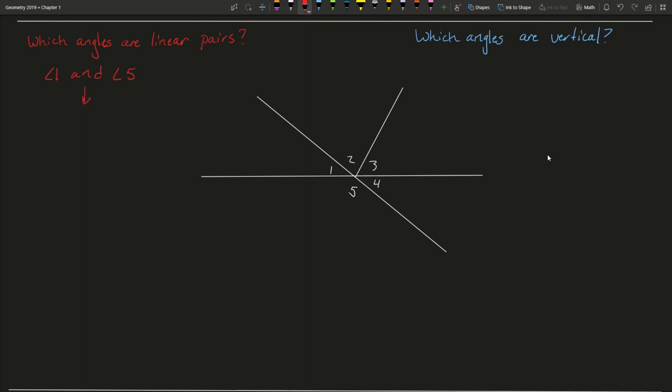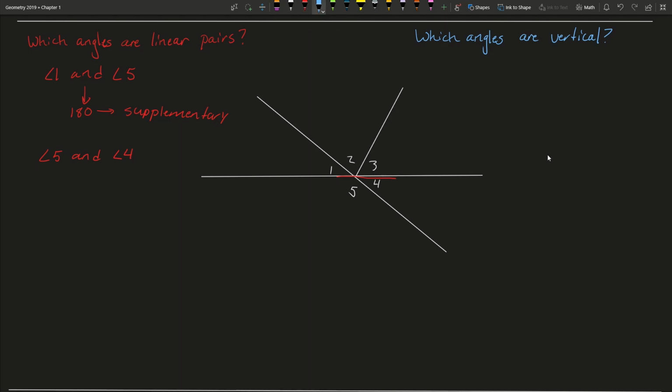Again, these also add up to 180, so they are also supplementary. Angle 5 and angle 4 also form a straight line and add up to 180, so they are also supplementary.